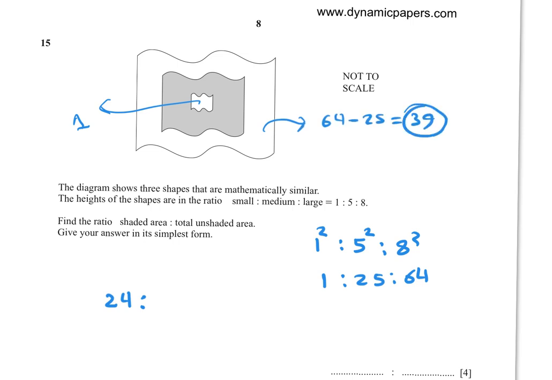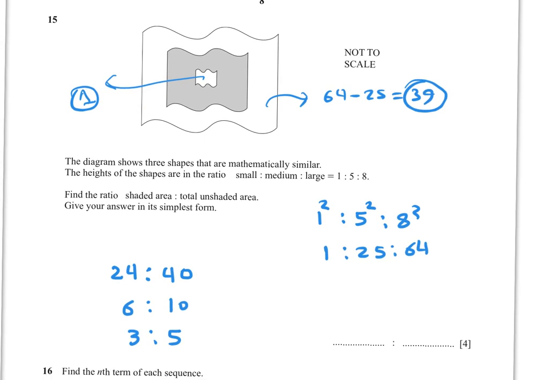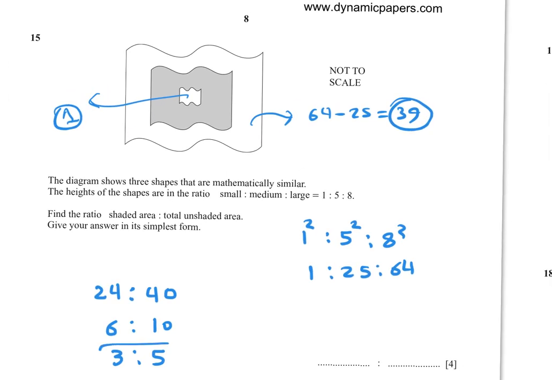So in all, 39 and 1, we have 40, the area of the unshaded, so 40. So the ratio between the shaded to the unshaded, 24 to 40, we can simplify, divide by 2 or divide by 4, so 6 to 10. We can divide by 2, so 3 to 5. So the ratio between the shaded area and the unshaded area is 3 to 5 in the simplest form.